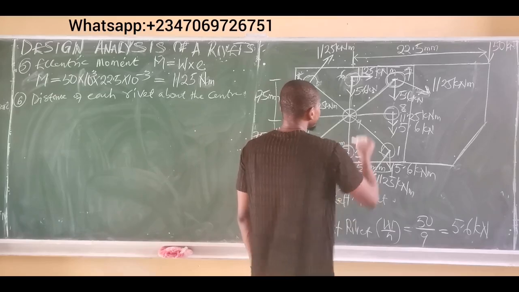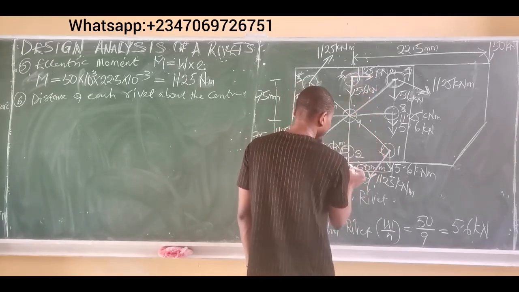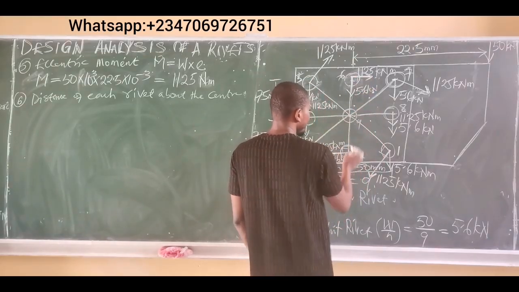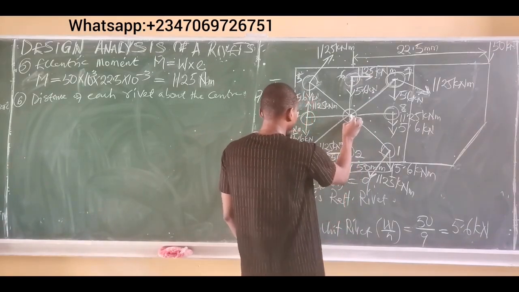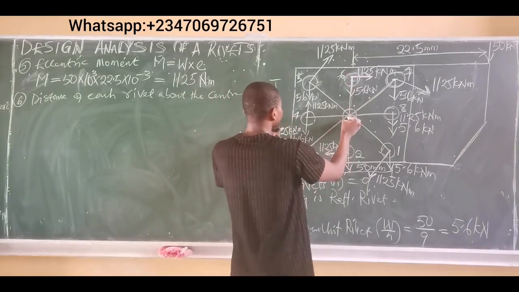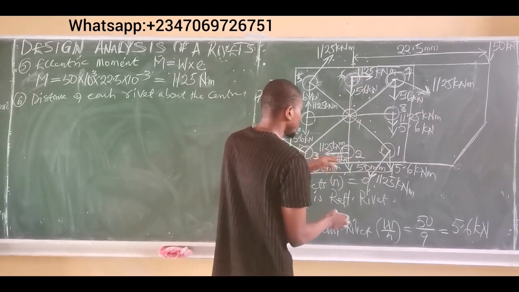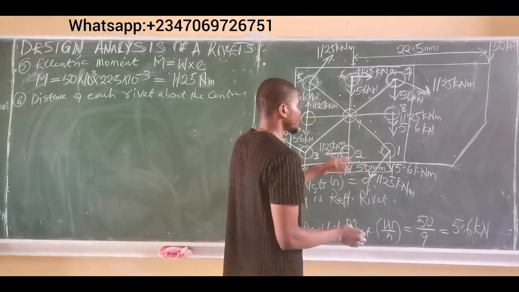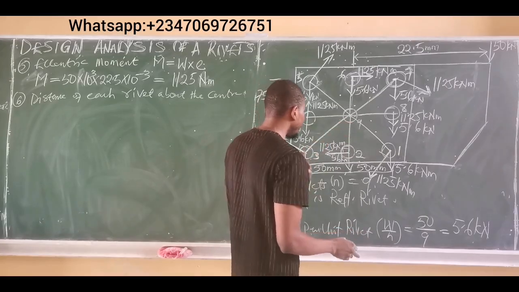Also, notice that rivet 6 and rivet 2 also take the same distances to get to the center. From here to this point, covering this distance, 75 millimeter. From here to this point, covering this distance, 75 millimeter. So rivet 2 and rivet 6 also go through the same distance to get to the center.